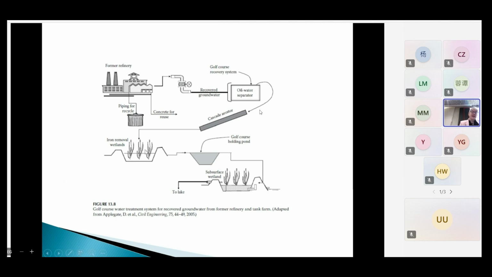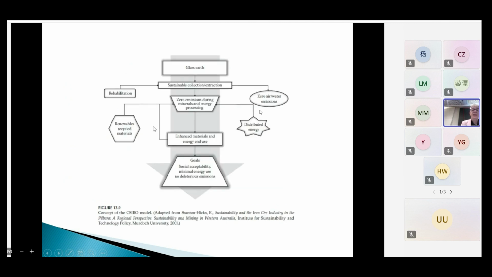And then they hid some of the water treatment facilities as nice wetlands. So they had some nice little ponds that were in reality the treatment for the water at the site.